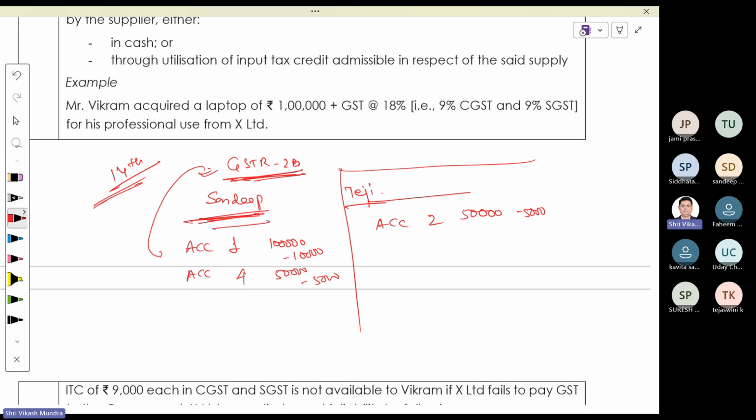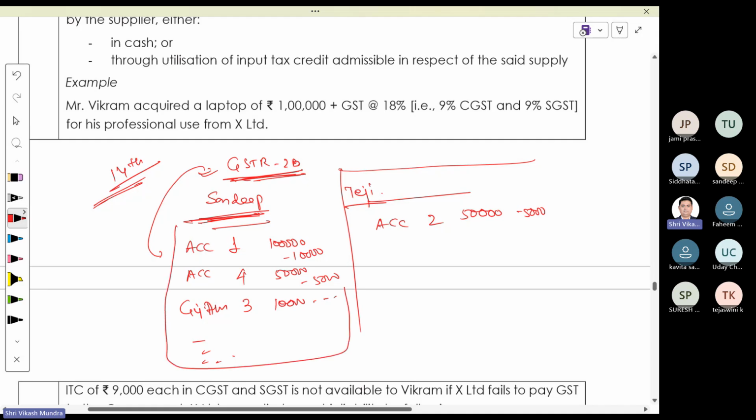If Sandeep is working with ACC, and also with, say, Ambuja Cement, then Ambuja Cement is also supposed to file GSTR1, and then again Gujarat Ambuja Cement invoice number 3, 1 lakh, and so on. The report is prepared. On the basis of that report, Sandeep comes to know that ACC or Gujarat Ambuja, or whoever his supplier is, has reported this invoice number along with this amount and tax amount in the GST portal.